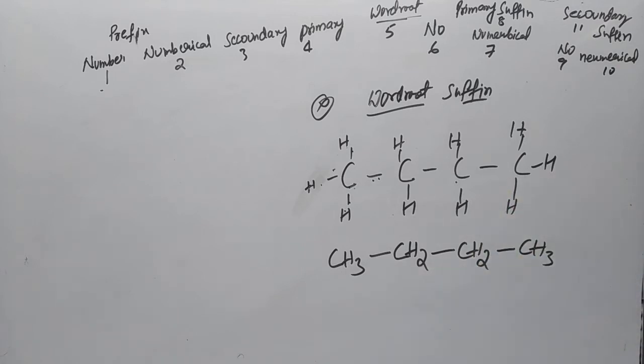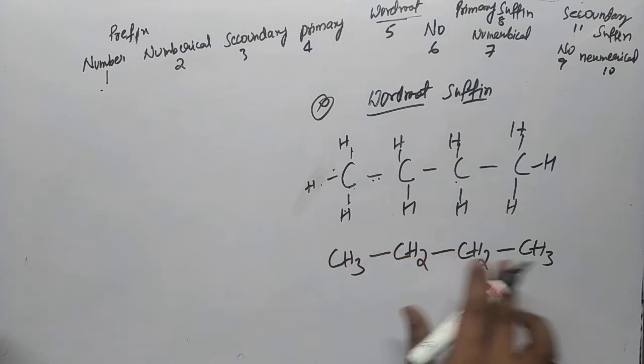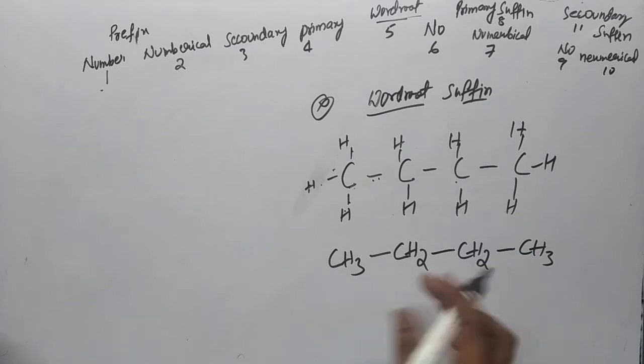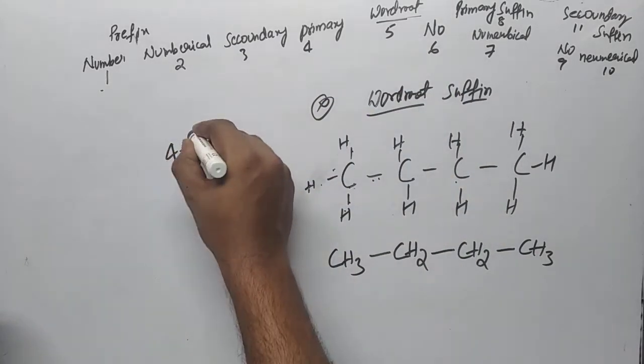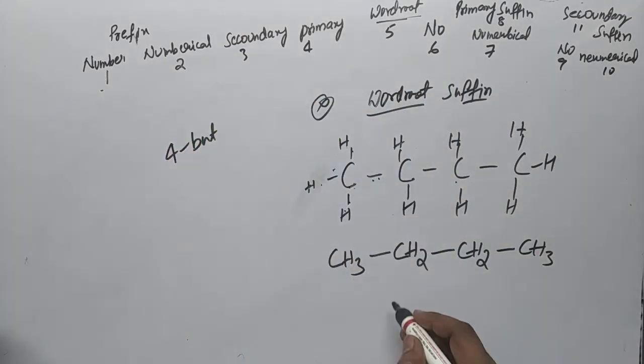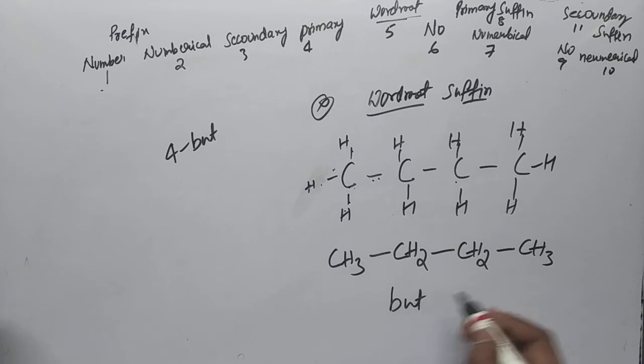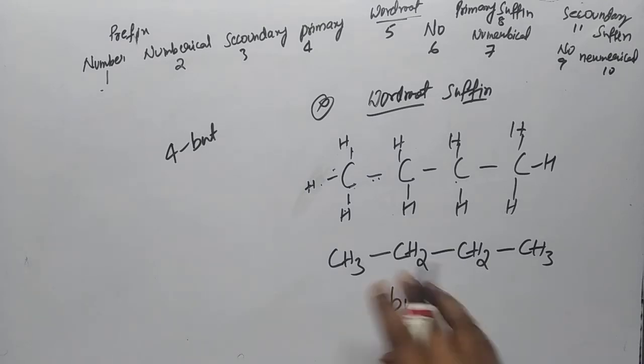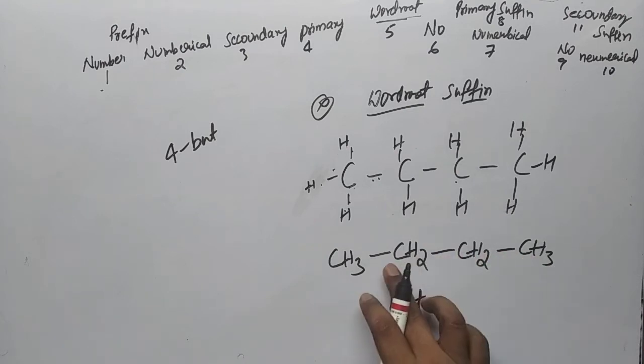Coming next, while writing the name, first you have to find the word root. The main thing is the word root: you have to count the number of carbons. Here how many carbons do we have? 1 2 3 4. If we have 4, we write but. We will be writing but, and all are single bonds.